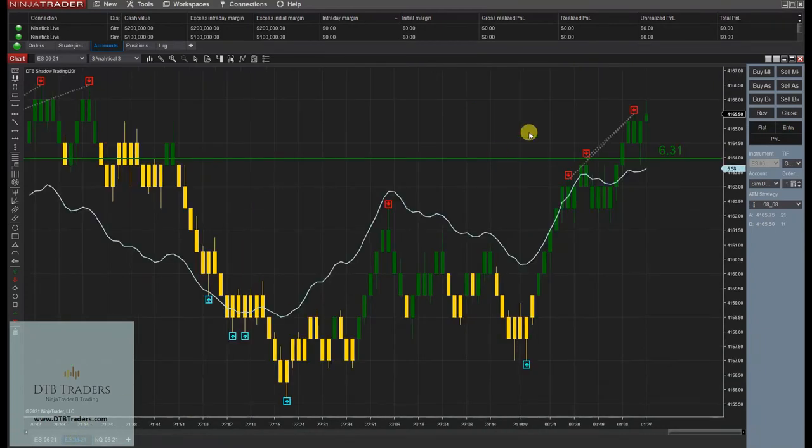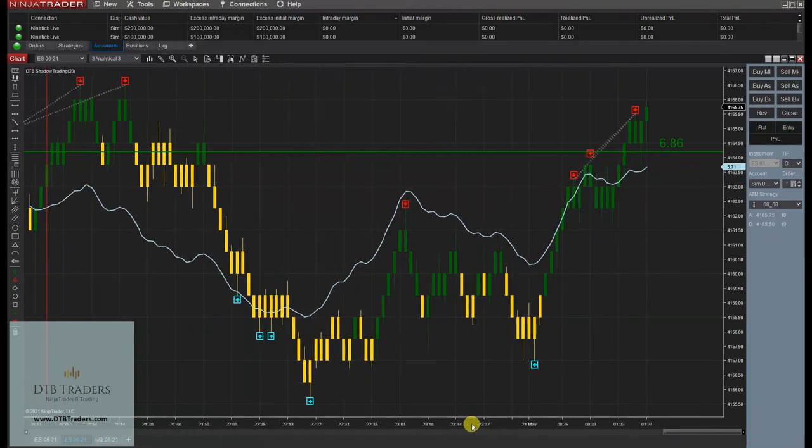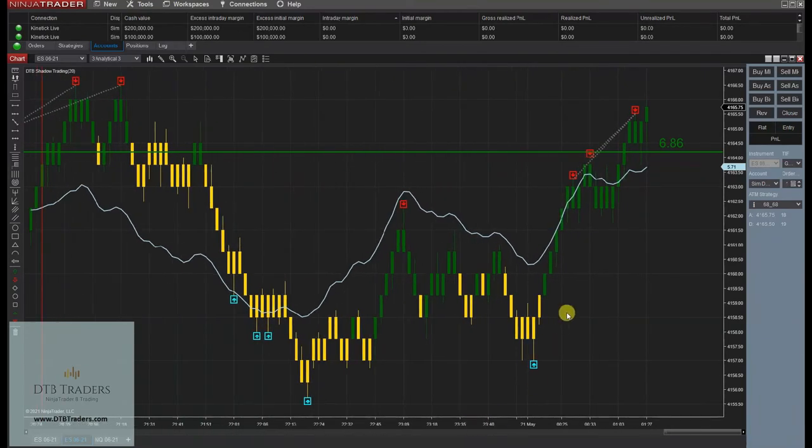Now the shadow trading indicator. This is probably one of the most advanced indicators out there. It assists you in making trading decisions, whether buying or selling, and it helps by first of all coloring the bars.